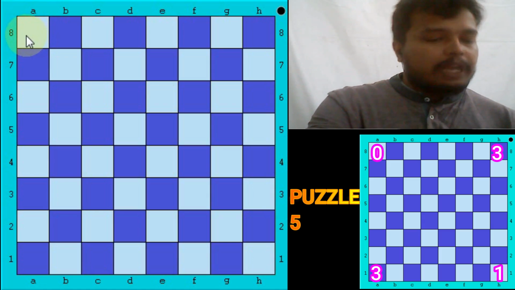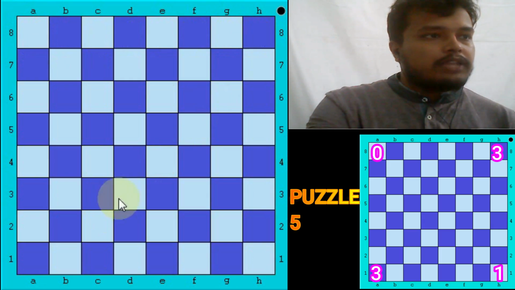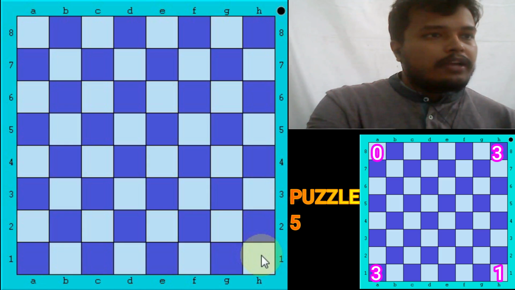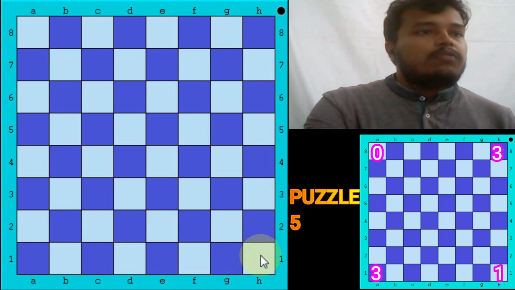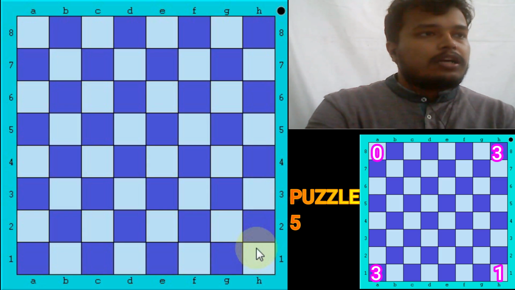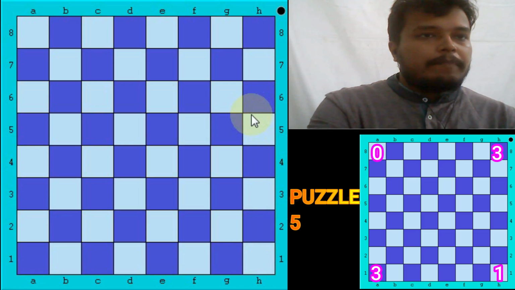The a8 square should be attacked 0 times, the h8 square should be attacked thrice, the a1 square should be attacked thrice, and the h1 square should be attacked once. So you have to find the piece placement such that this position will occur. You can pause the video in order to find it.